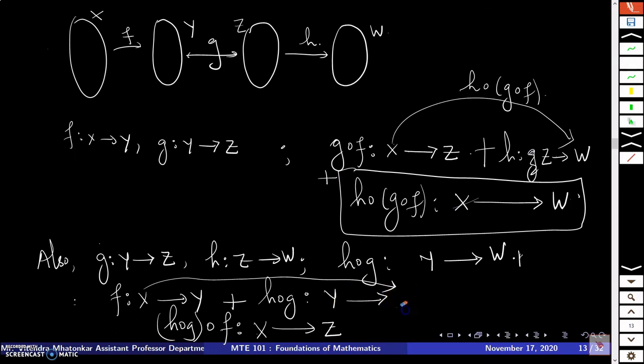Yes, h composite g is from Y to W. I've rectified that. So if you compare both, their domains and codomains are the same.